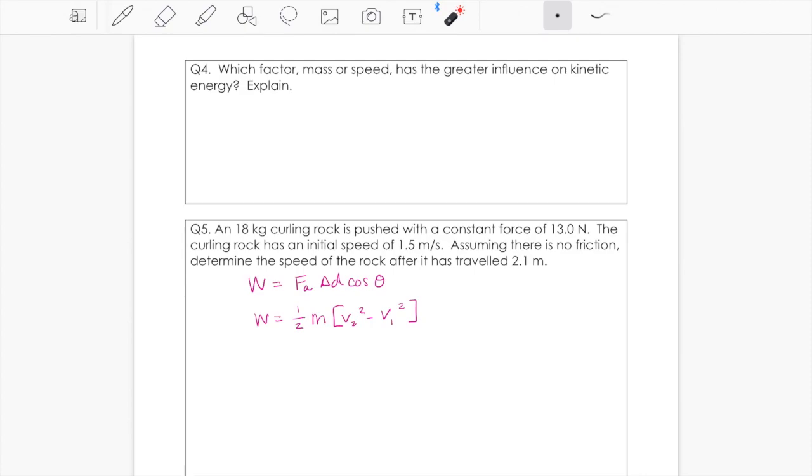And for question 5, you'll see I have 2 equations written down here to help you. This is very similar to question number 2 that we did. First you'll want to find the work that was applied to the curling rock, and then plug that into this equation in order to find the final speed of the rock after it's traveled a certain distance.